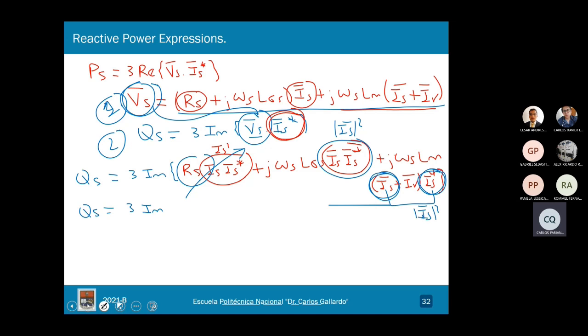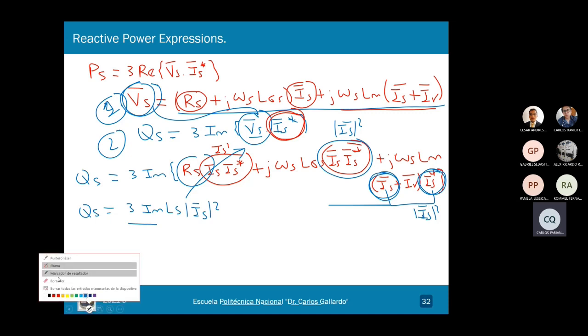Taking out the common factor, I will have 3 times the speed times the stator inductance times the stator current squared. Sorry, this is the speed.